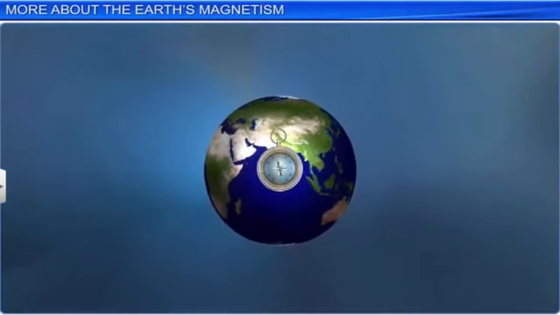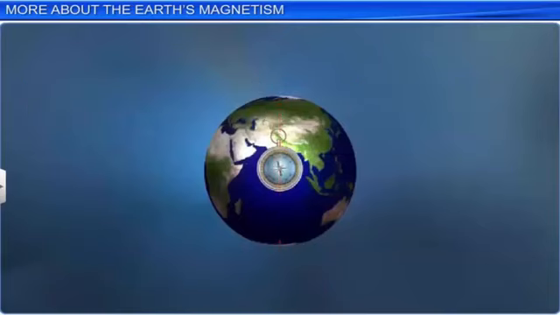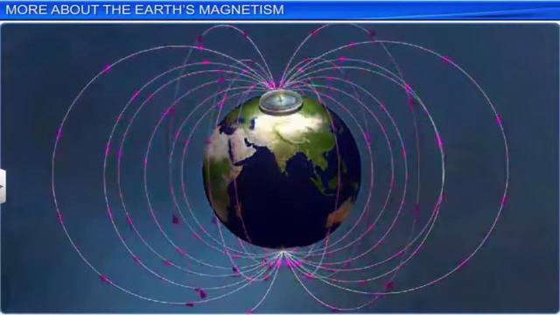At such locations, the angle of declination at that point helps us to determine the actual direction of the north. Let us now discuss the deflection of a magnetic compass placed at either of the two magnetic poles of the Earth. At the poles, the magnetic field lines either converge or diverge vertically.